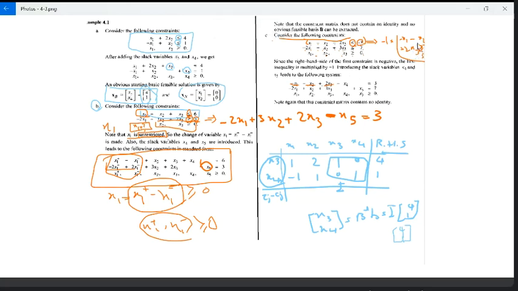This is a greater than or equal constraint. Then we have minus x4 equal to 3. The second is an easy case: we have minus 2x1 plus x2 plus 3x3 less than or equal to 7. Then we add x5 equal to 7. This is a standard form.